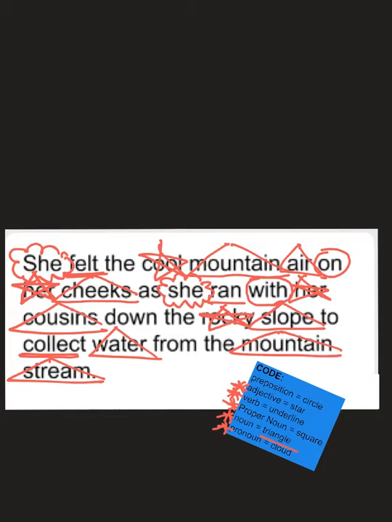With her cousins down. So down indicates the where, down the rocky slope. To collect water from, yes, from. That indicates a location of a physical movement or action. The mountain stream.